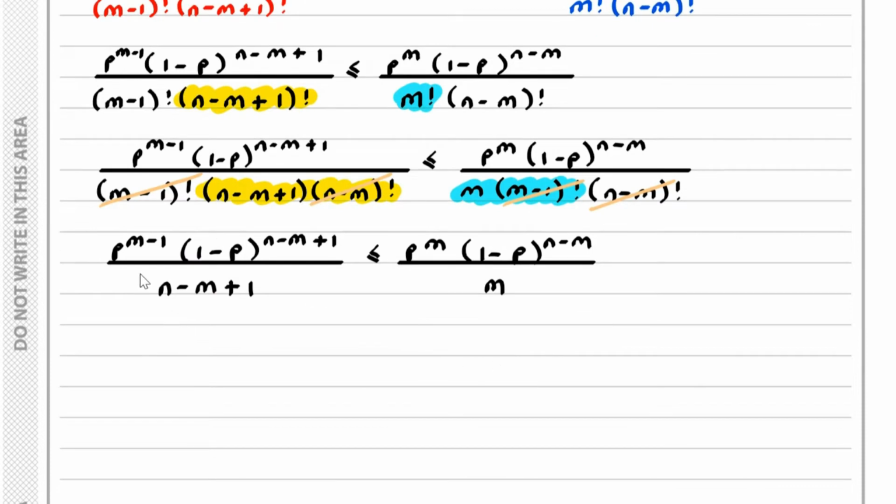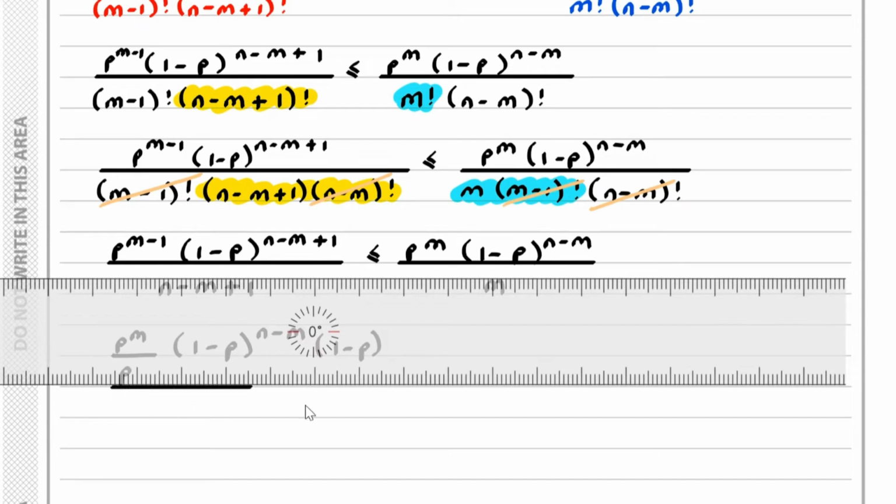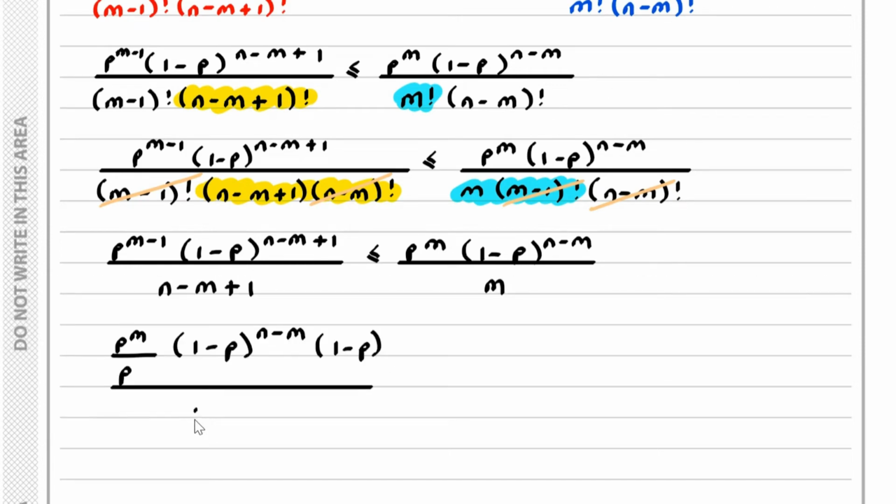Now let's try to simplify this even further. Well, p to the m minus 1 is the same as p to the m divided by p, and I'm multiplying this by 1 minus p to the n minus m multiplied by 1 minus p to the 1. And then this is being divided by n minus m plus 1.